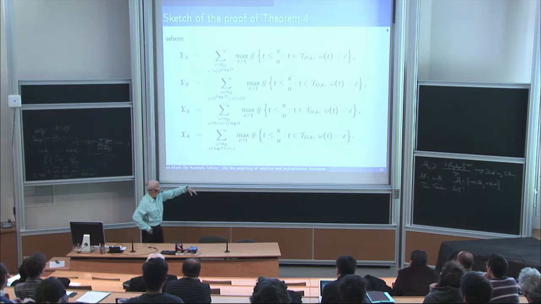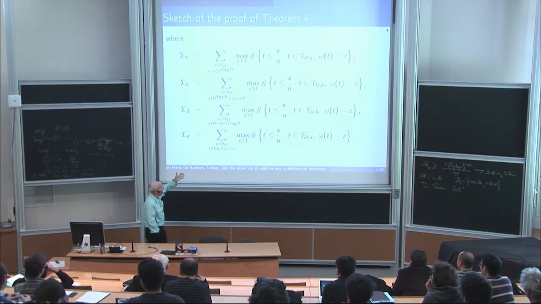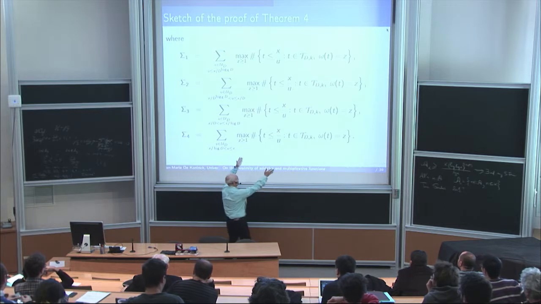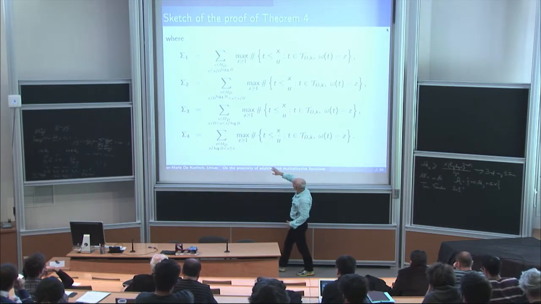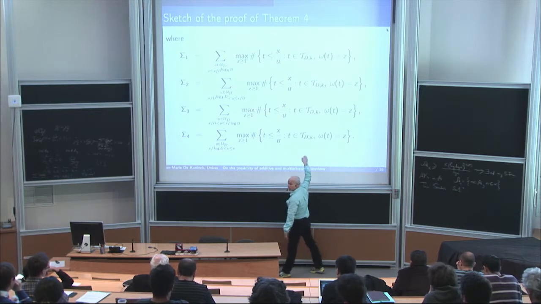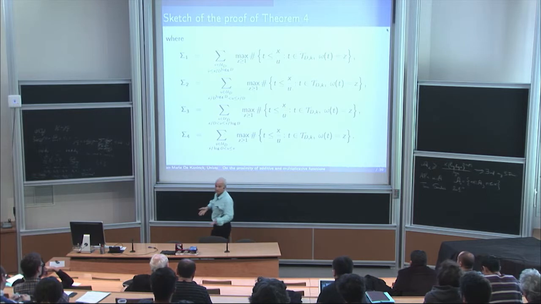It's always the same thing on the right, but I study different ranges, all the ranges. And the reason I do that is if you take any one of these, this is very complicated to evaluate because there are 2 conditions there. But depending on the range, I get rid of one of these conditions or the other one or both of them. And then it's much easier to evaluate.